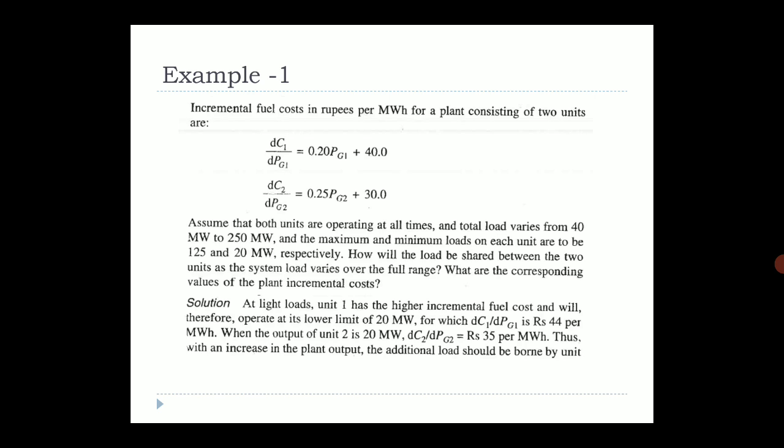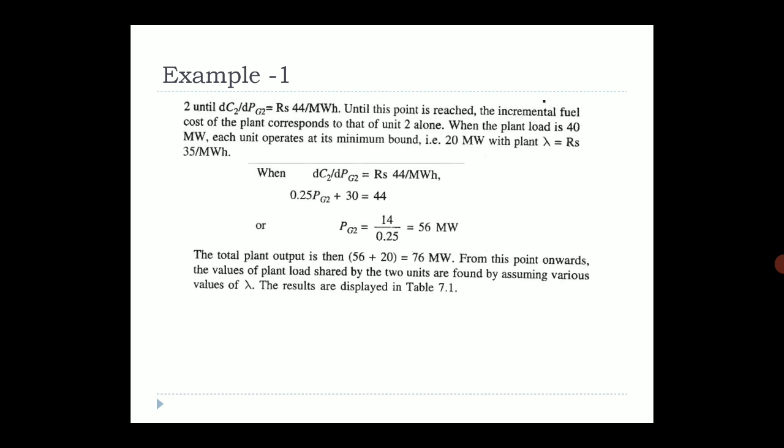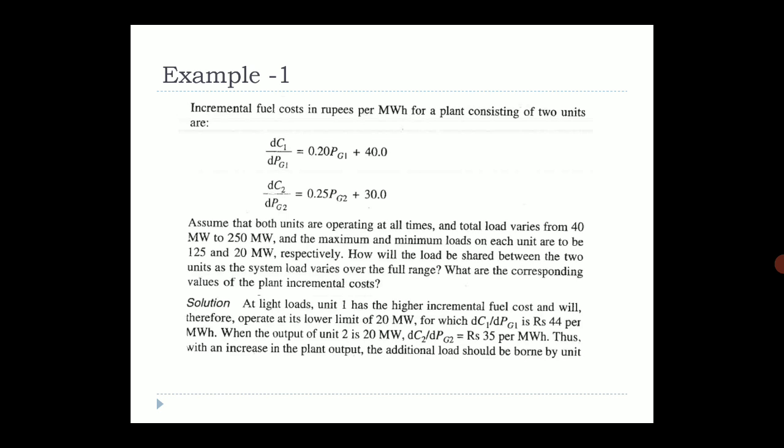Thus, with an increase of the plant output, the additional load should be borne by unit 2 until the incremental cost equals 44 per megawatt hour. Why 44 per megawatt hour? Understand this: the two units are running together, and the minimum load is 40.